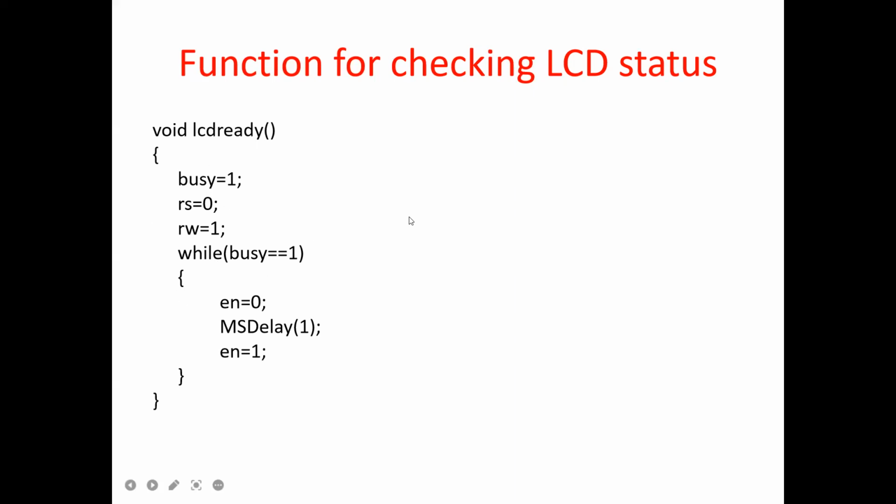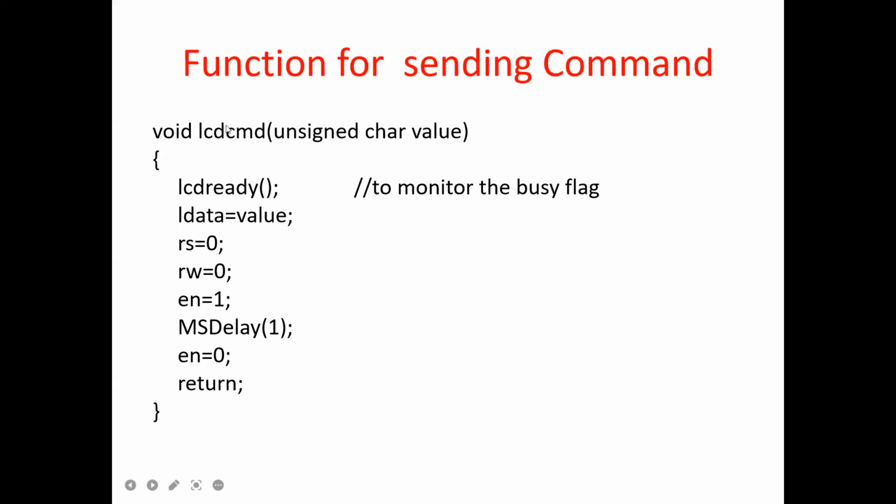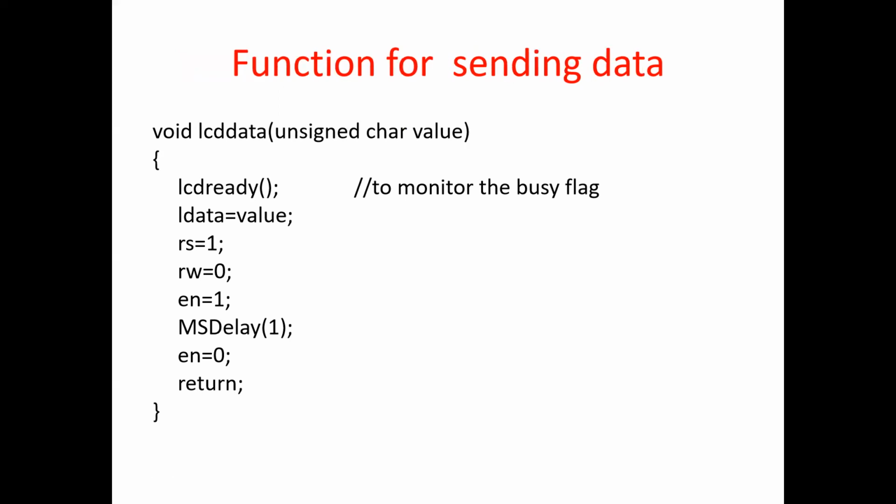Whenever your LCD is free, this busy bit becomes 0 and the function comes out of the loop. So before LCD data or LCD command, we first call this function, and the program stays here until your LCD is ready. Once the LCD is ready, you can place the data, whether it is a command or data.